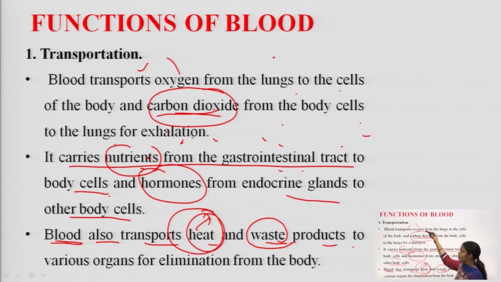So in transportation, blood transports oxygen from the lungs to the body tissues and carbon dioxide from the body cells to the lungs. It also carries the nutrients, and it also transports heat and waste products.